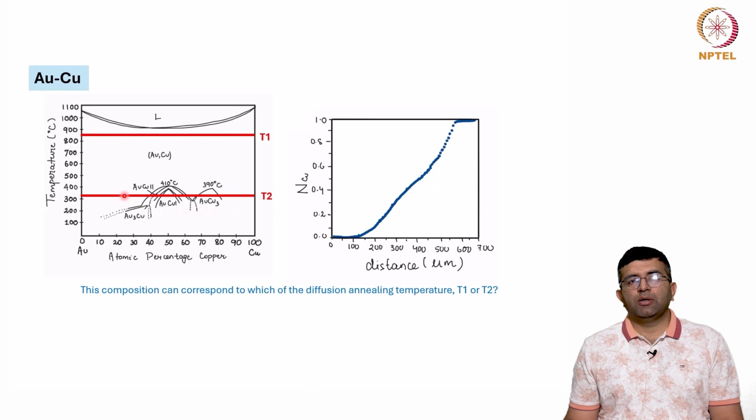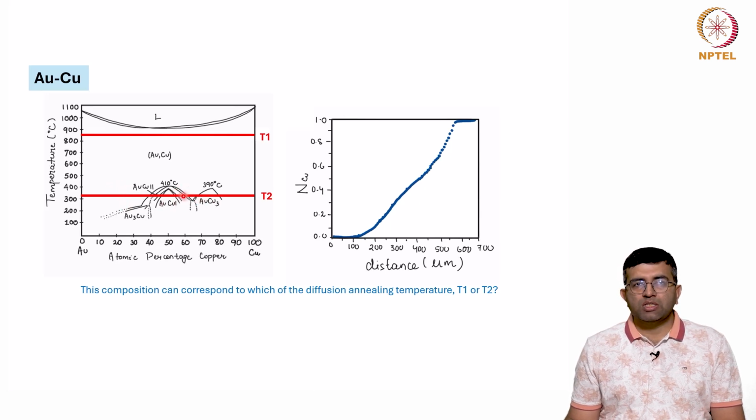Remember, it may happen that when you form a gold copper diffusion couple at T2, it may still give only a solid solution, but in that case you will still see a jump even in the solid solution phases, because there are ranges of composition where the solid solution is not stable. So therefore this particular composition profile corresponds to T1.